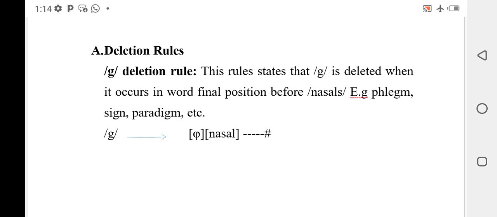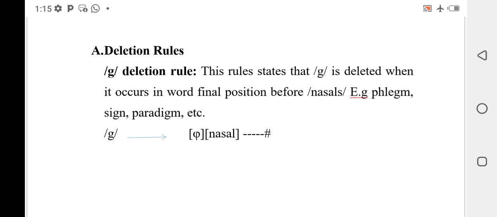Now, when we want to formalize the rule, to state it in a formula kind of way, we will say G. Remember that in this rule, when you read it, it says this rule states that G. So G is at the beginning of this formula. You know that this arrow, we said it is realized or becomes.